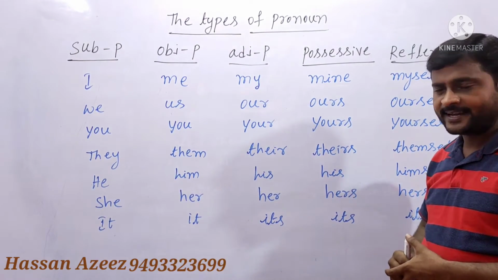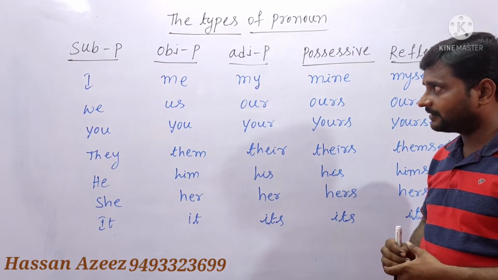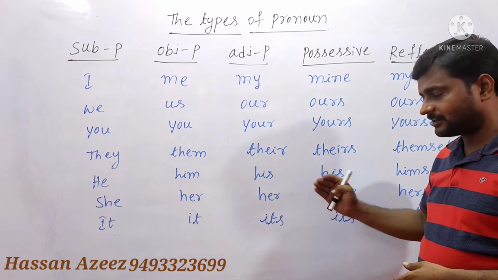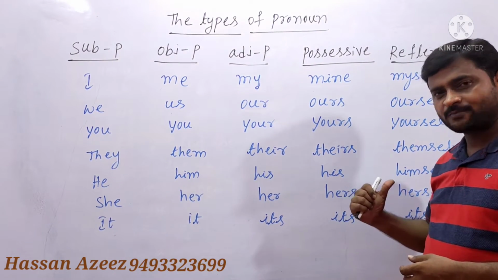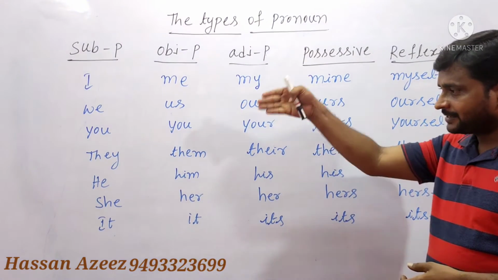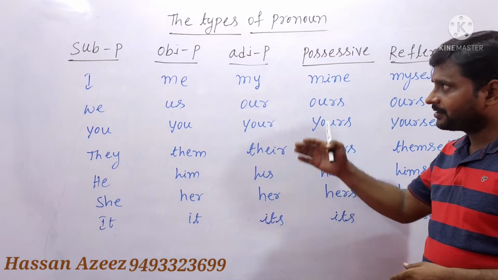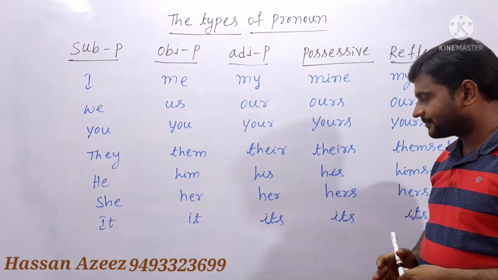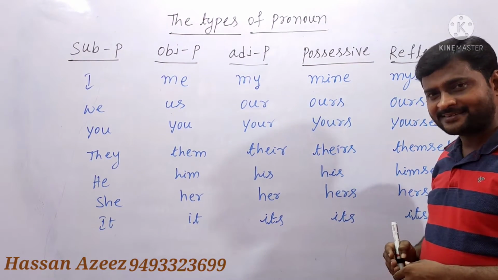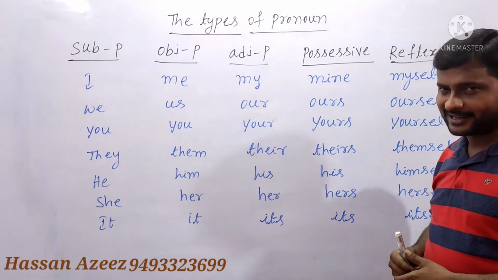Subjective pronoun she, objective pronoun her, adjective pronoun her, possessive pronoun hers, reflexive pronoun herself. Subjective pronoun it, objective pronoun it, adjective pronoun its, possessive pronoun its, reflexive pronoun itself.